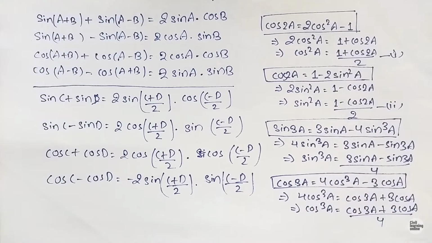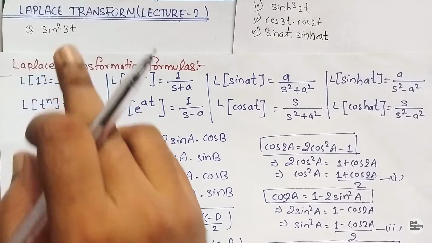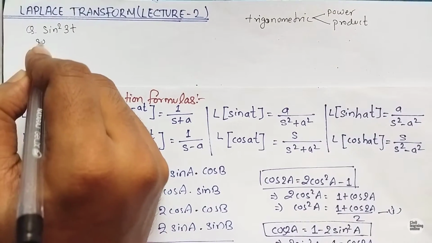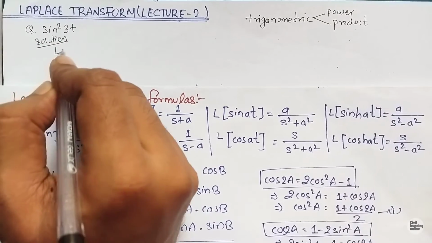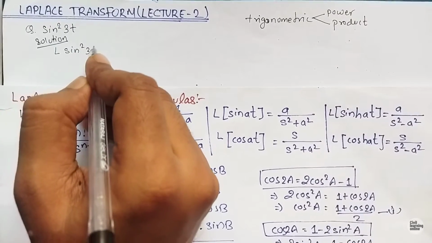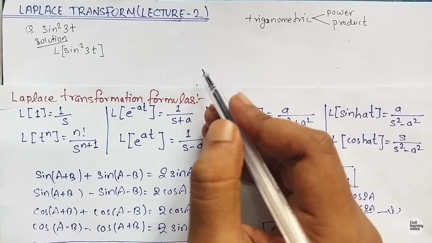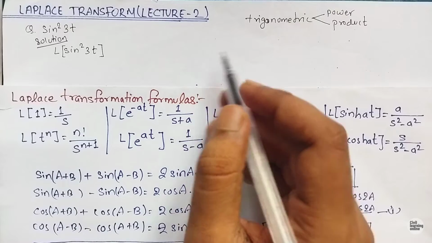Just this formula will help us remove the power. So see here how we will solve this numerical. We have sine square 3t. So write down here the solution: Laplace transformation of sine square 3t. And I told you that a trigonometric function for Laplace should be neither in power nor in product form.